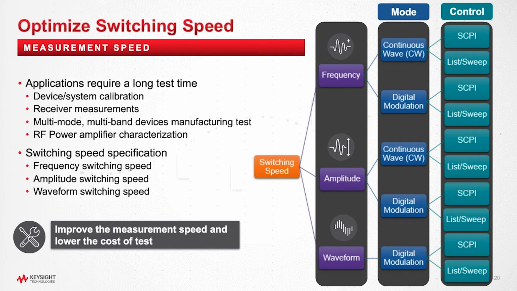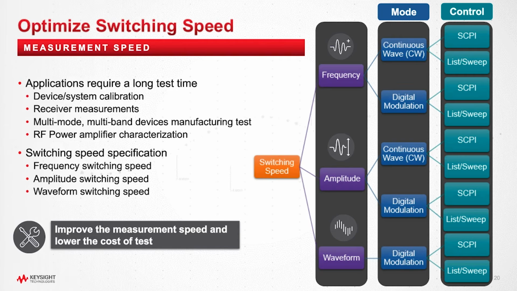Each item is specified by signal mode and control method. The signal mode includes the continuous wave and the digital modulation mode. Control methods include the SCPI command, the remote control, and the list and sweep method.